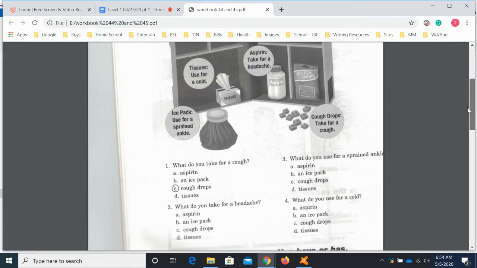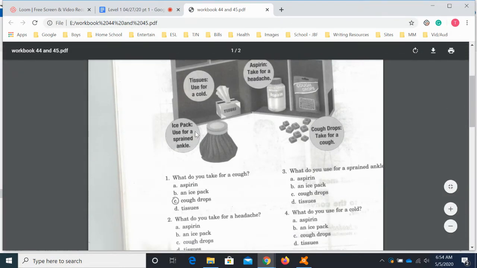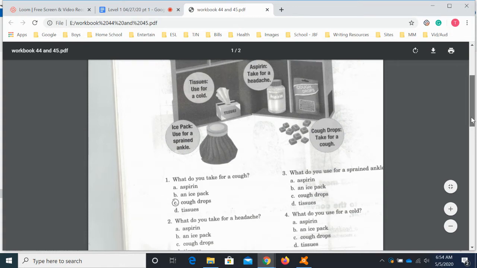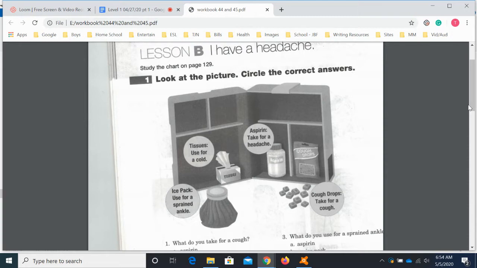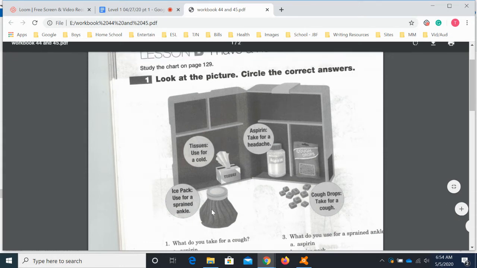So let's look at exercise 1. First, we're going to go through each of these and talk about what we're seeing in the medicine cabinet. So here, this is what's called an ice pack. Ice pack. And you use an ice pack for a sprained ankle.